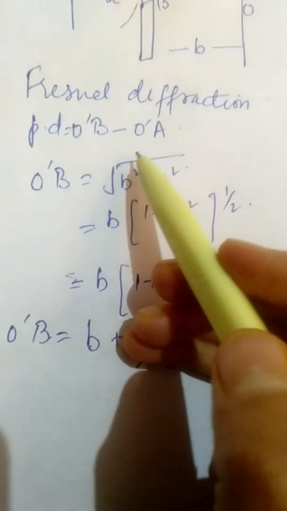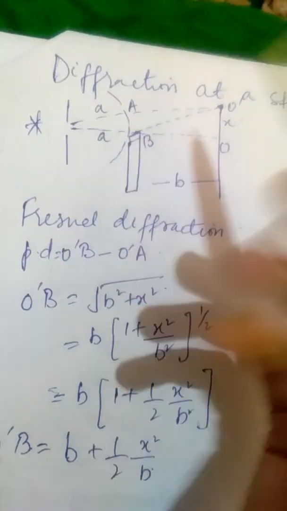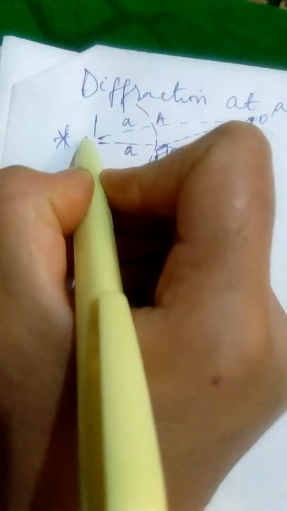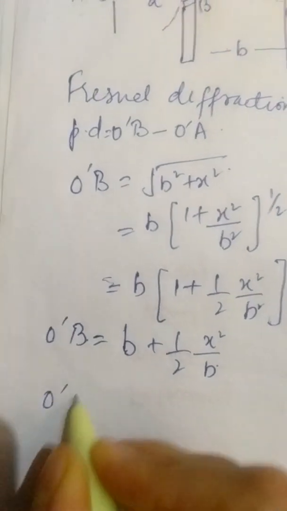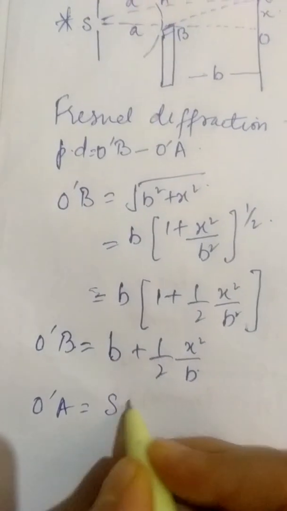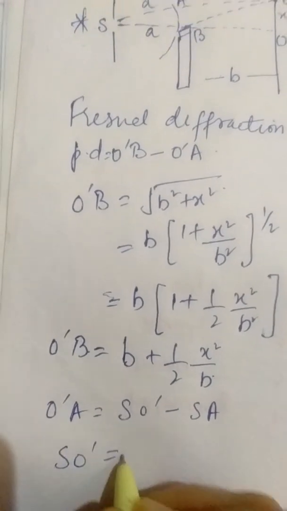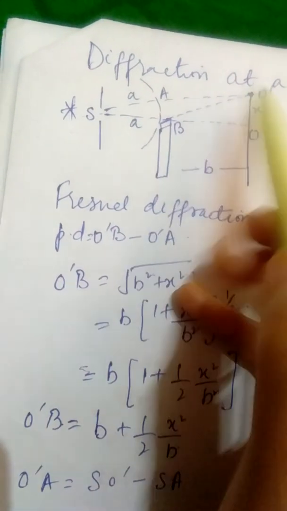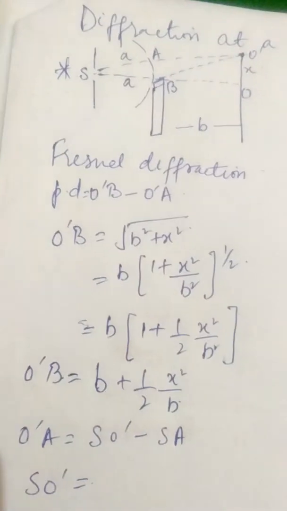Now we are interested to find out what is O dash A. What is O dash A? This O dash A can be found out like this, that it is SO dash minus SA. And what is SO dash? SO dash, the base will be a plus b and the perpendicular will be x.